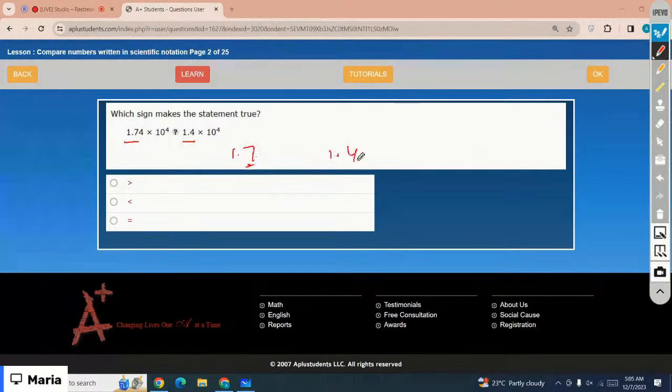Now just compare this value 7 and 4. So 7 is greater than 4, right? That means 1.74 times 10 exponent 4 is greater than 1.4 times 10 exponent 4, right? The correct option is greater.